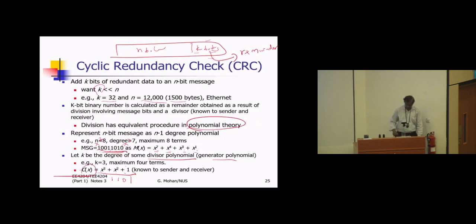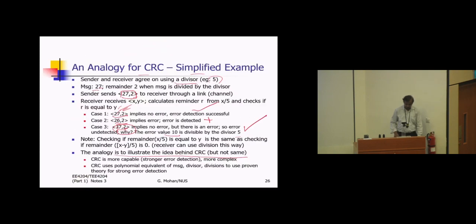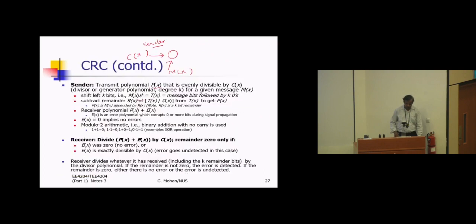Now, what we are going to send is m followed by r. R of x is the remainder. The remainder bits are added here. That we call the CRC bits.